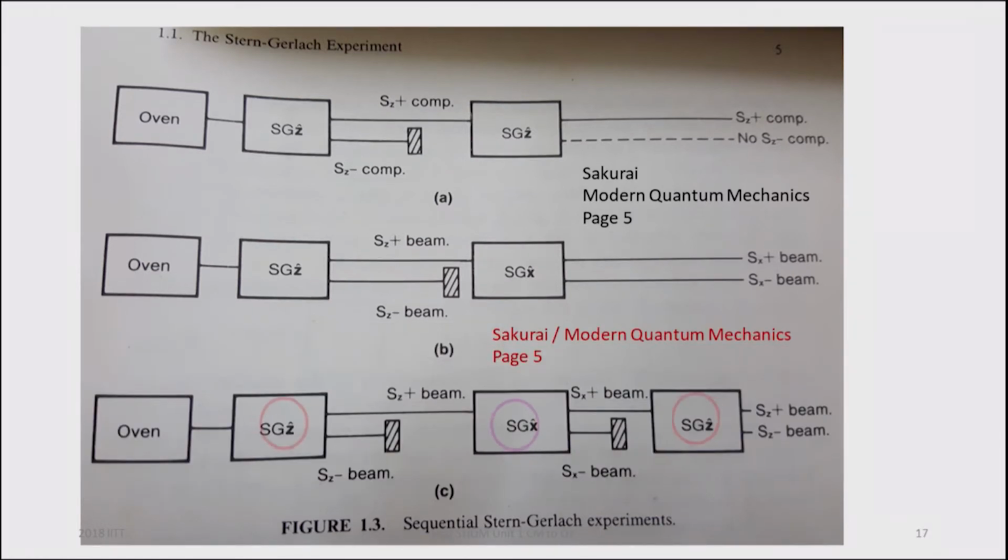And then if you stop the one which is spin down and take only one of these and let it go through a Stern-Gerlach apparatus along the z axis, which is the same as this, you recover the minus component over here.